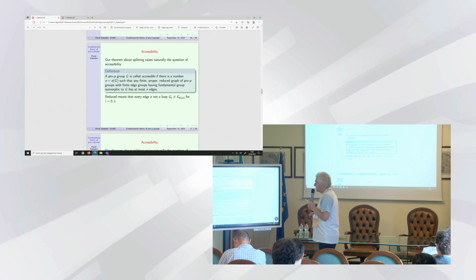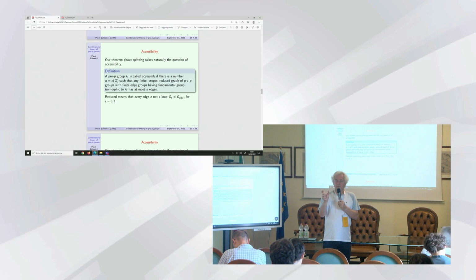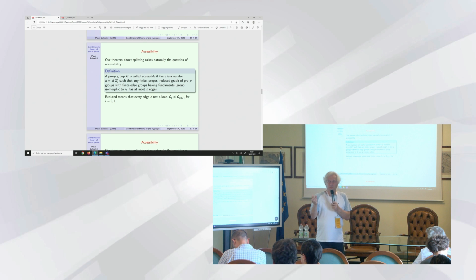All right. But of course the graph of groups has to be reduced. What does it mean? You see, any group can be looked at as a free amalgamated product because you can take G, amalgamate with G, the same G, right? But this is not interesting because it is a fictitious splitting.